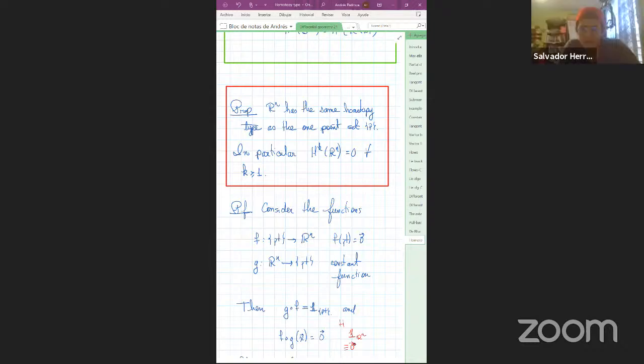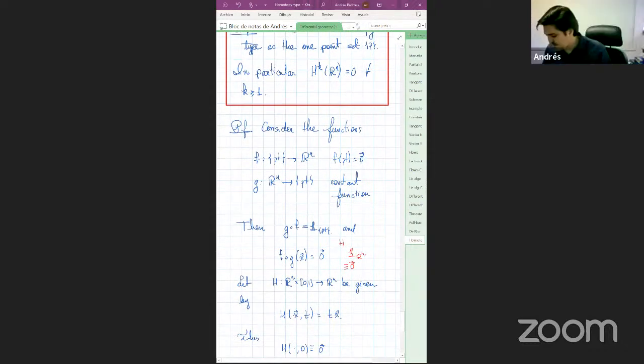T times the point. T times what? The vector. And that needs to be the only thing to do, right? Scalar multiplication.